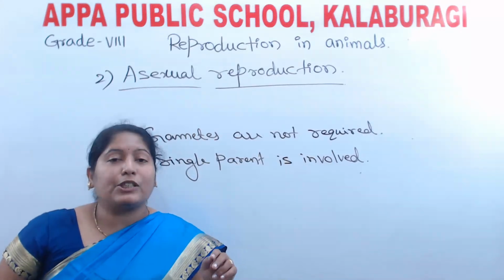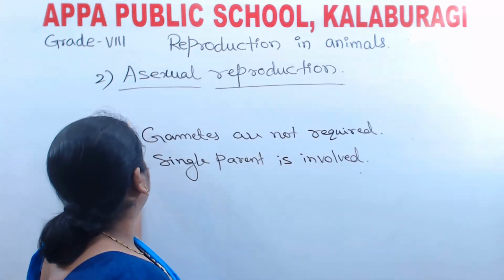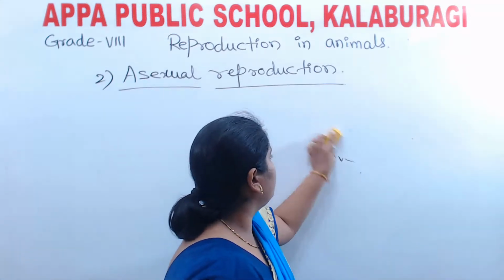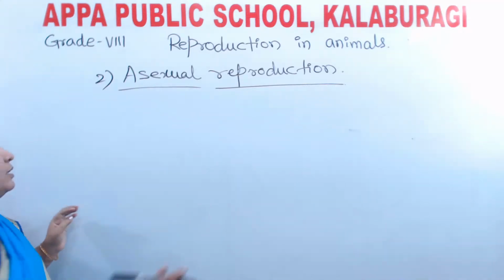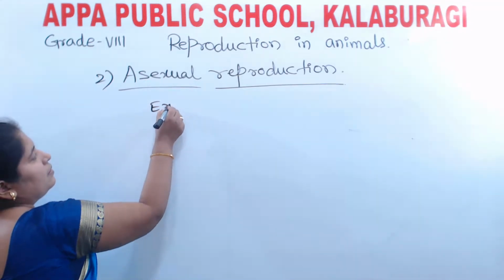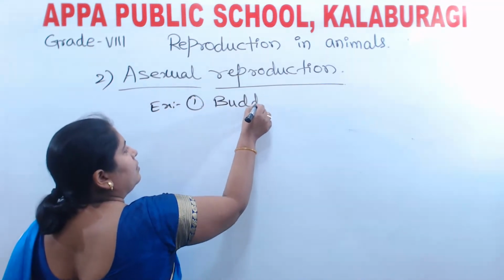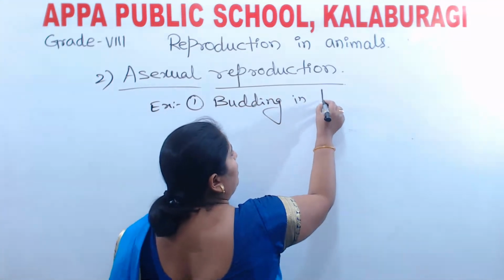Right? We'll study this asexual reproduction by taking two examples. The first example is budding in hydra.